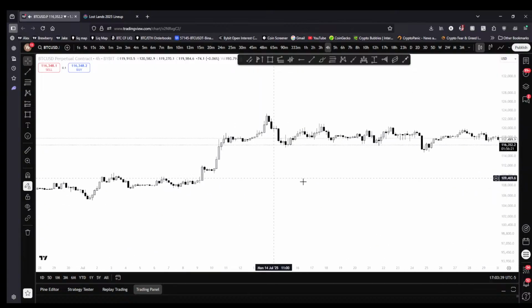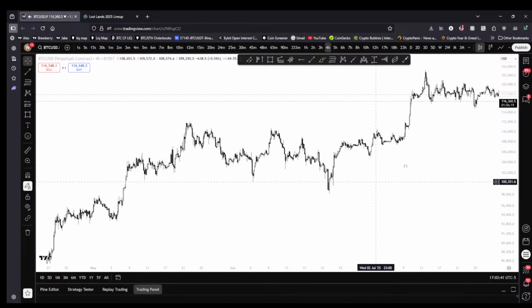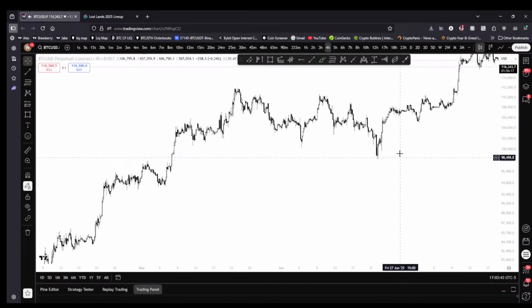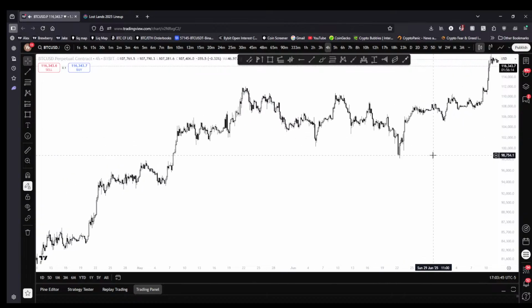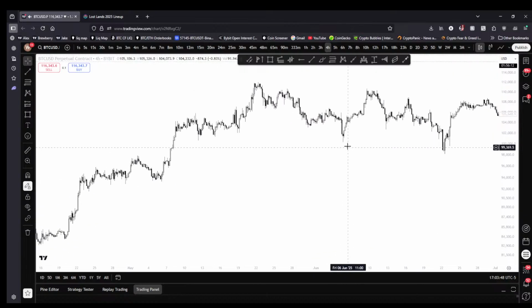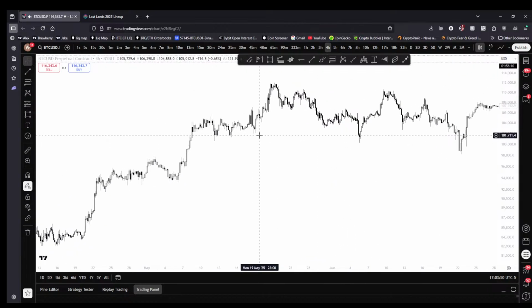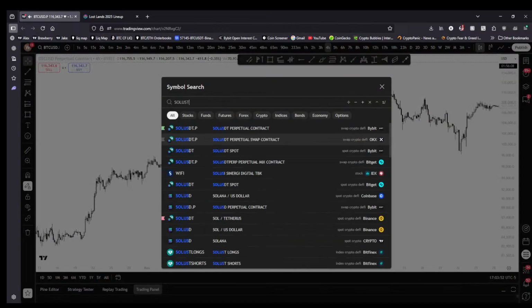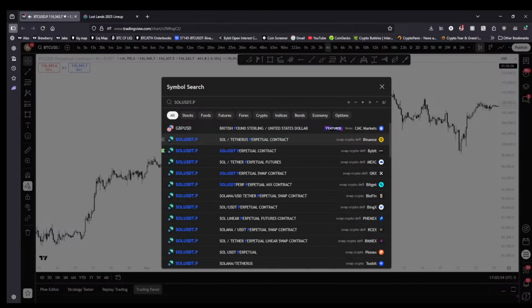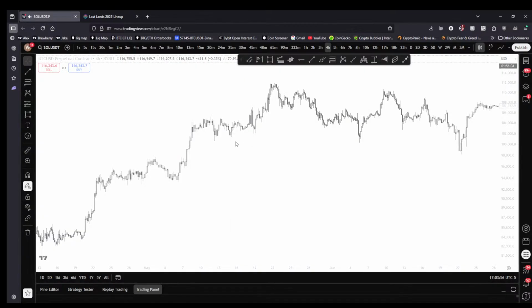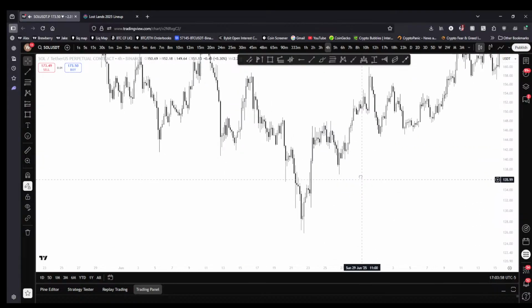Now, this is easier to teach in practice, right? So let's see what a good example of this would be. Let's go to Solana, something that interacts with order blocks a little better. Okay.